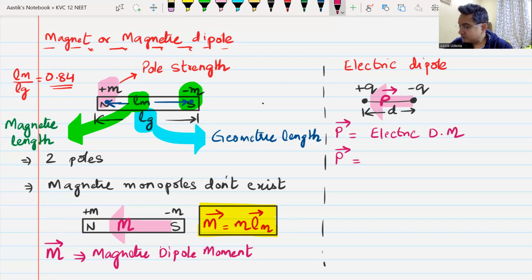Q into D vector, and this D vector is directed from the negative charge towards the positive charge. So both of the things are exactly similar in all aspects. The only difference is one is magnetic, the other is electric. Apart from that, everything is exactly similar. Do we understand this?